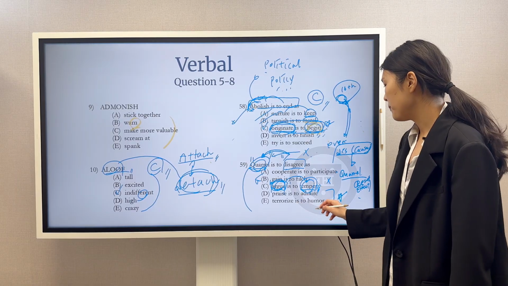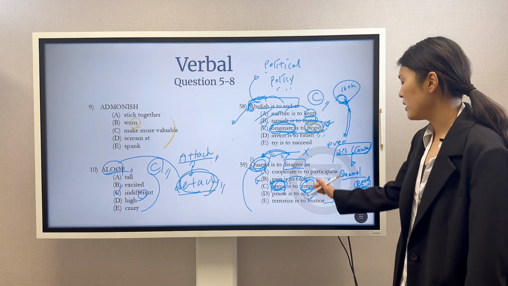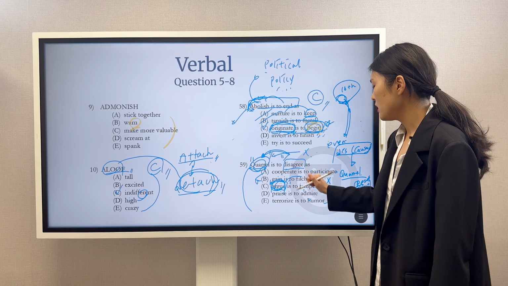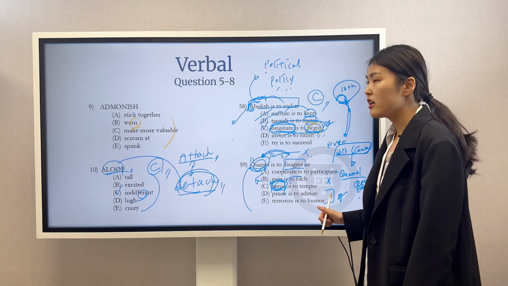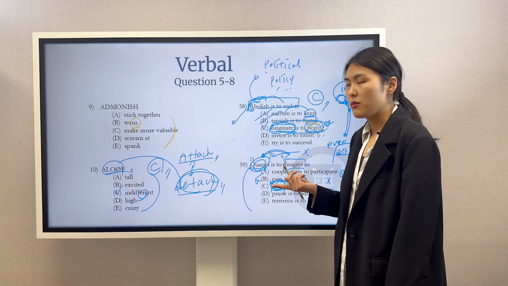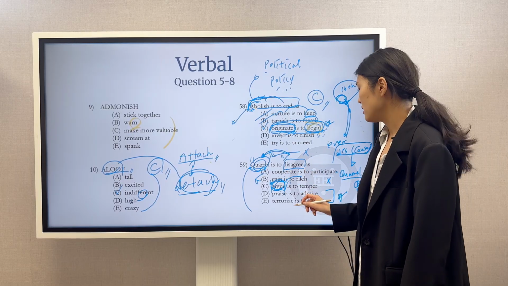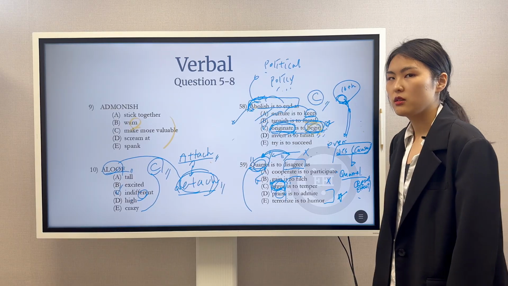What about D? What does admire mean? Admire is to look upon someone with respect and desire to be the same or similar. And what does praise mean?